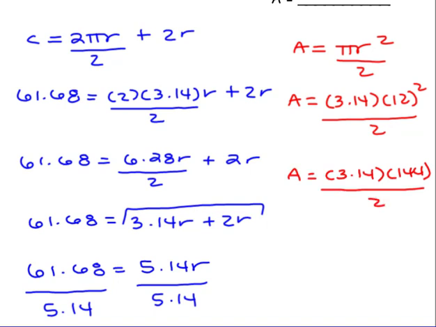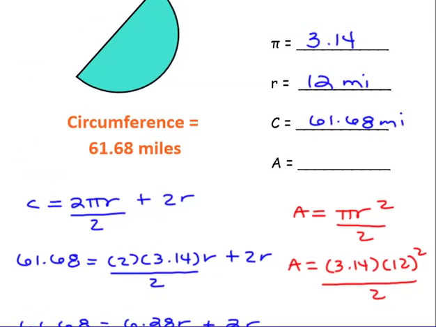So 3.14 times 144 is an area of 452.16 divided by 2 because it's a half circle. So that gives us an area of 226.08. And that's going to be miles squared.